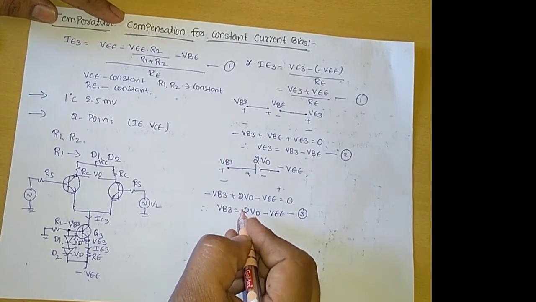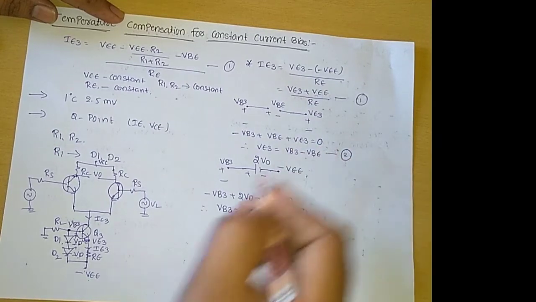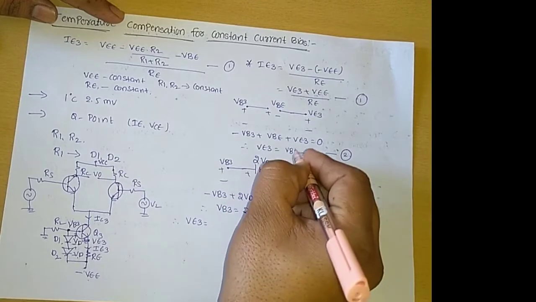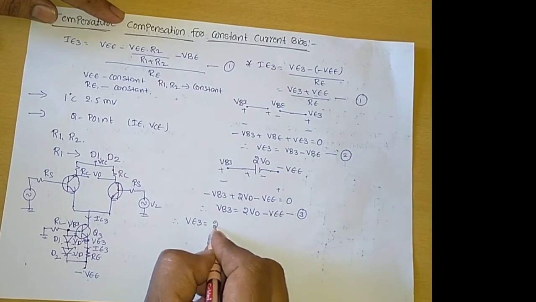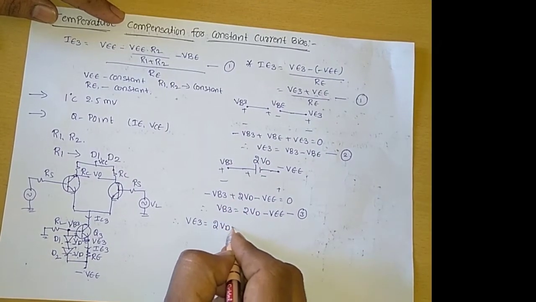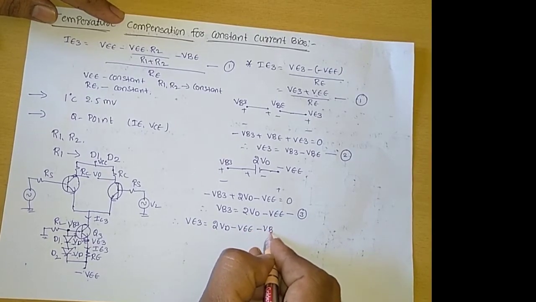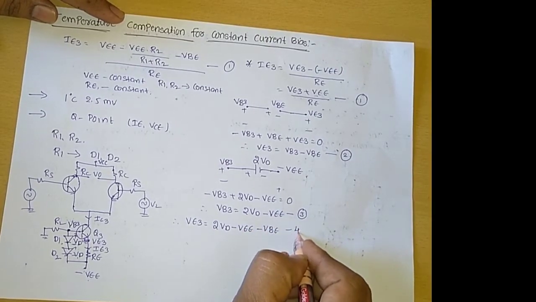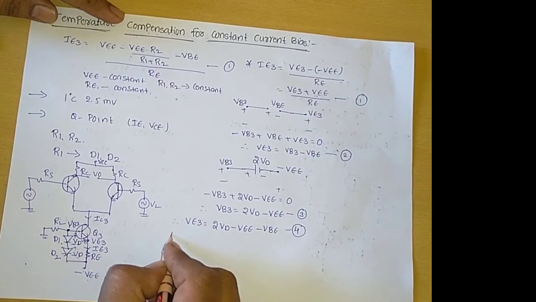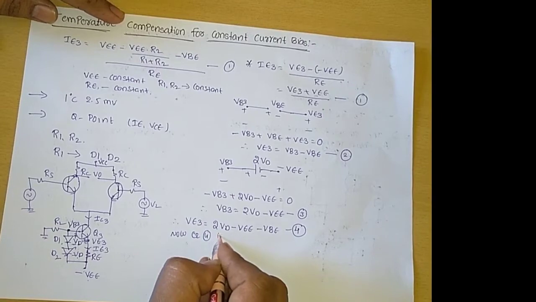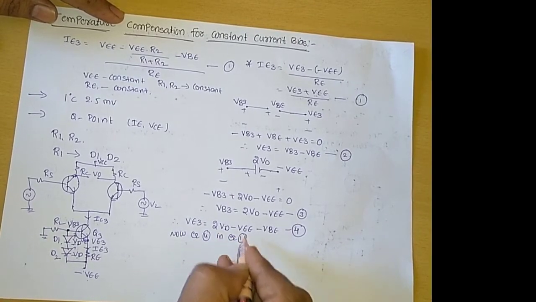Now we substitute equation number 3 into equation number 2. Therefore VE3 equals VB3, which is 2 into VD minus VEE minus VBE. This is equation number 4. Now we substitute equation number 4 into equation number 1.